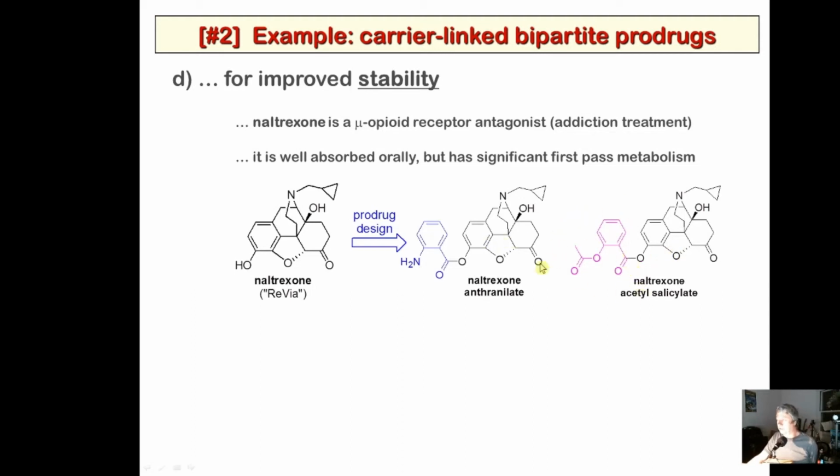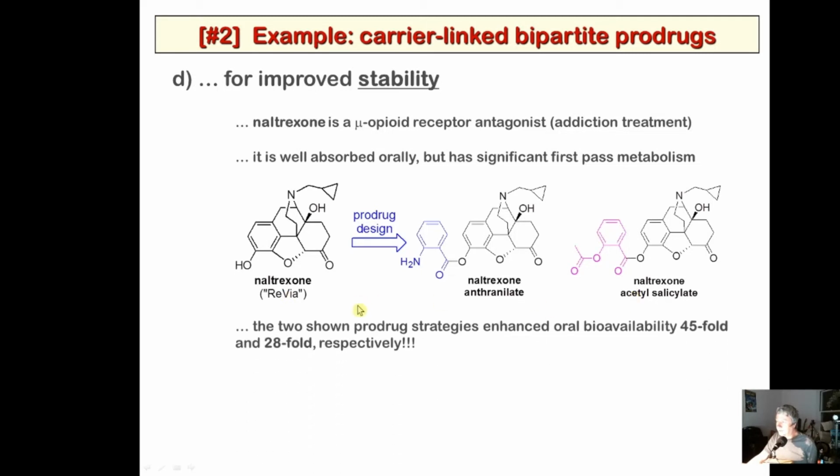So both of these are prodrugs for naltrexone. And they enhanced oral bioavailability 45-fold and 28-fold respectively. So this left one actually worked maybe even better in terms of allowing the drug to survive first pass metabolism and make it into general circulation. It's pretty cool.